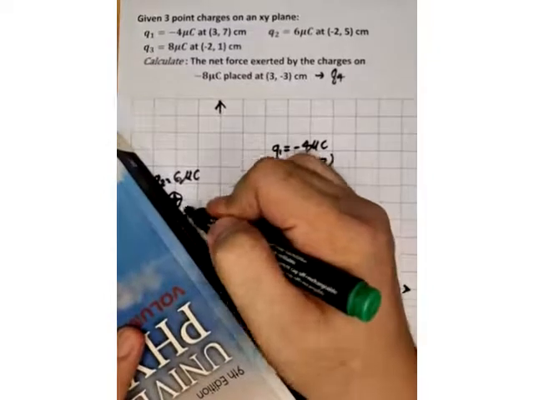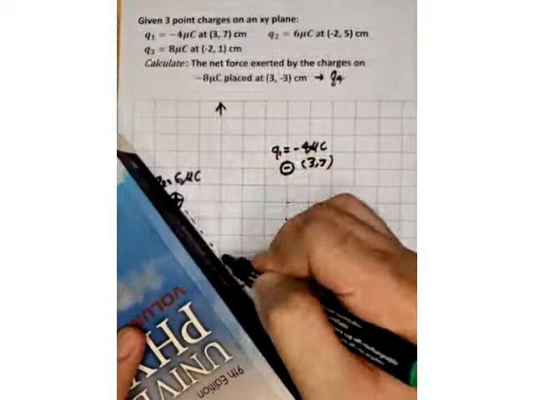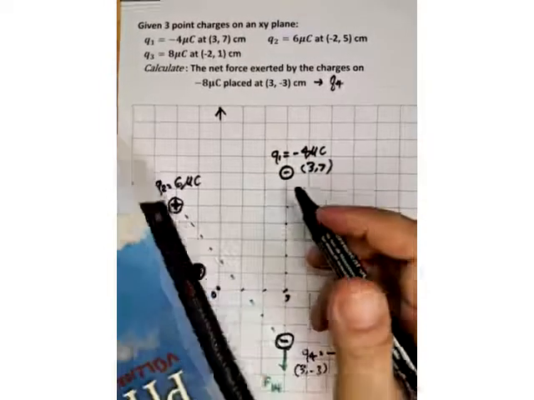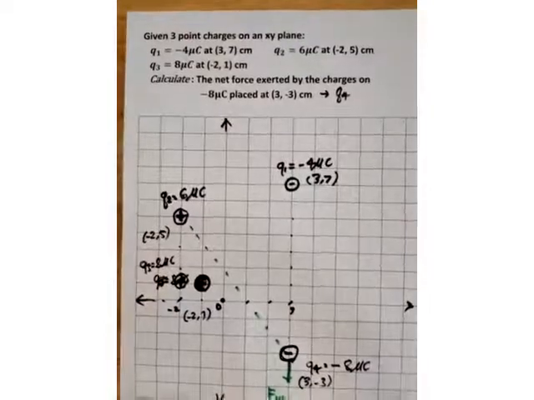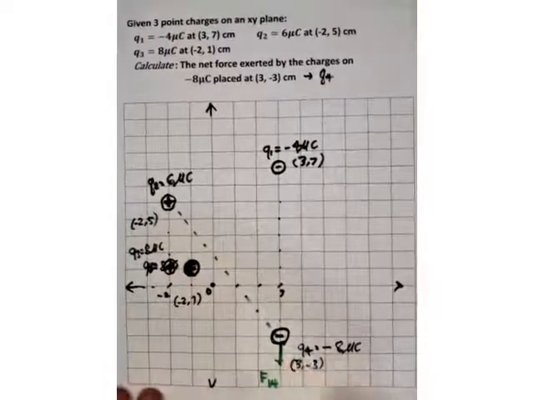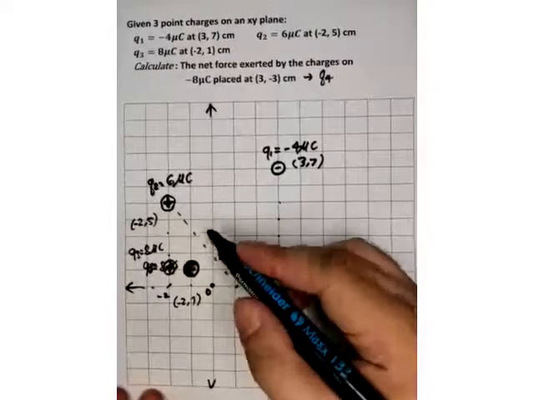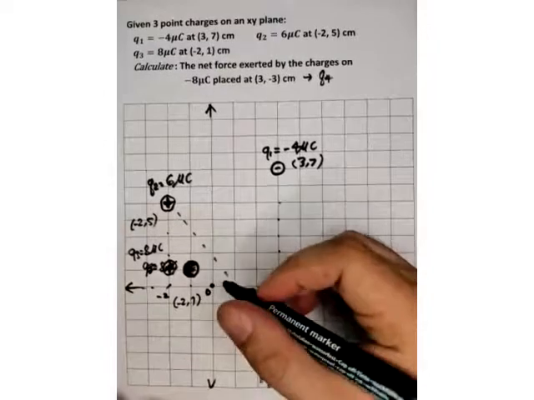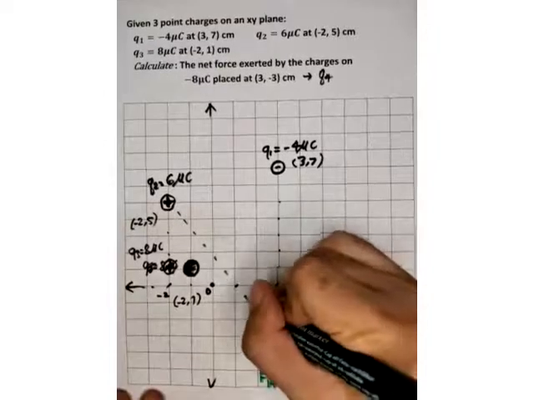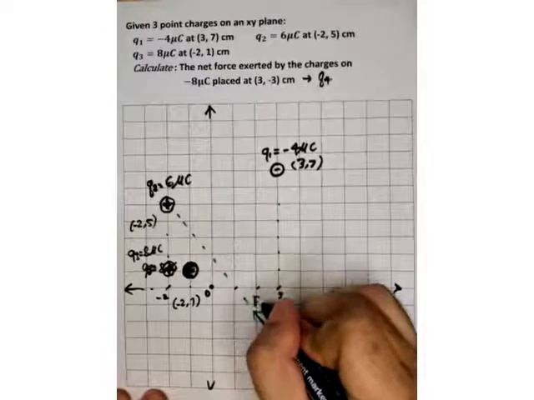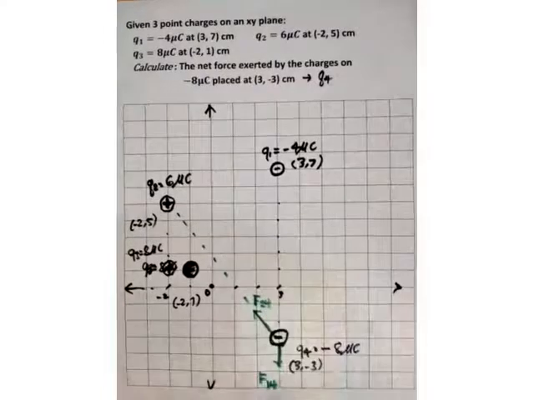Mag-exert si charge 2 ng force sa charge 4. Since positive yung charge 2, I'm sorry, and then charge 4 natin negative, the force is attractive. Tendency, Q2 will try to attract Q4. Yung force natin, direction niya ay nandito. Let's call that force F of 2,4.